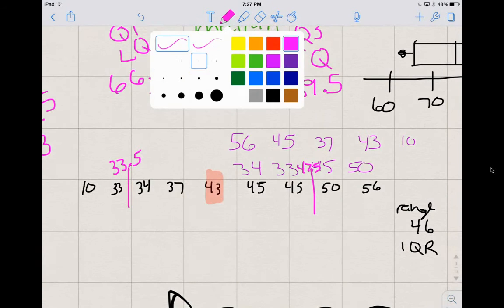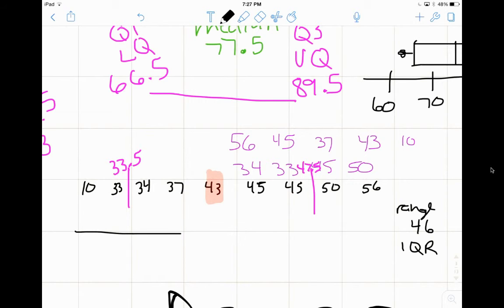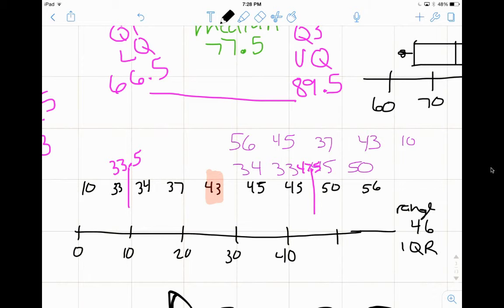And we need to put these on a number line as best we can. We'll just go on these marks. The important thing about putting it on a number line is it helps us identify what is more common as opposed to everything looking like it's equally spaced.